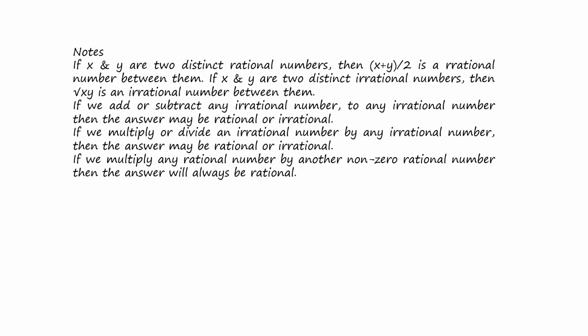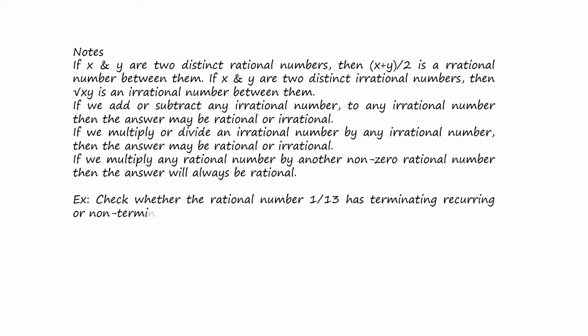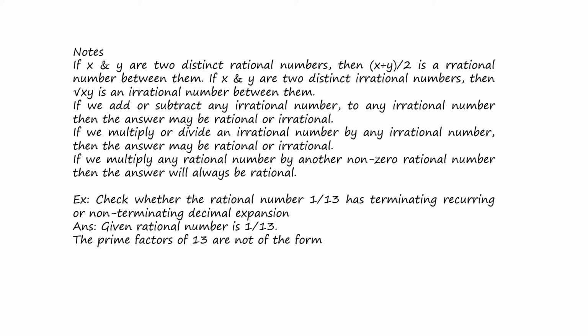Let's go through some examples. Check whether the rational number 1 by 13 has a terminating or non-terminating decimal expansion. So the given number is 1 by 13. The prime factors of 13 are not of the form 2 to the power n, 5 to the power m.